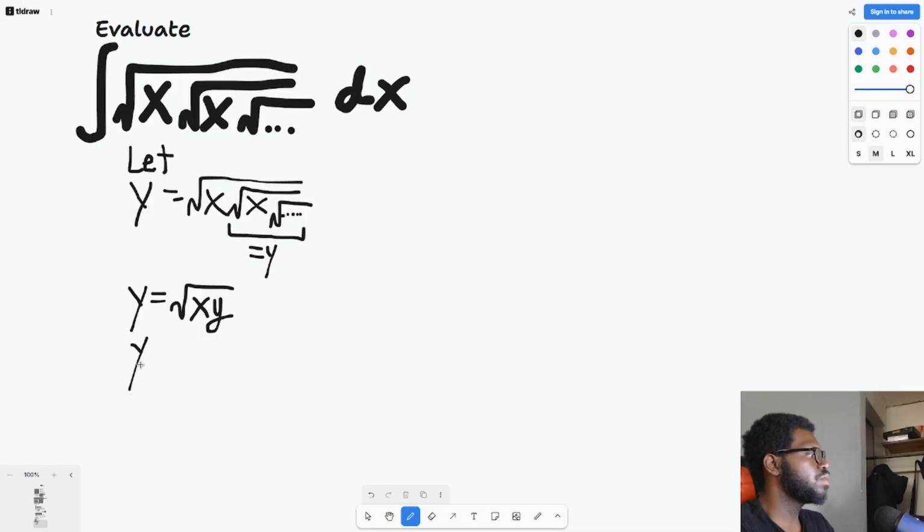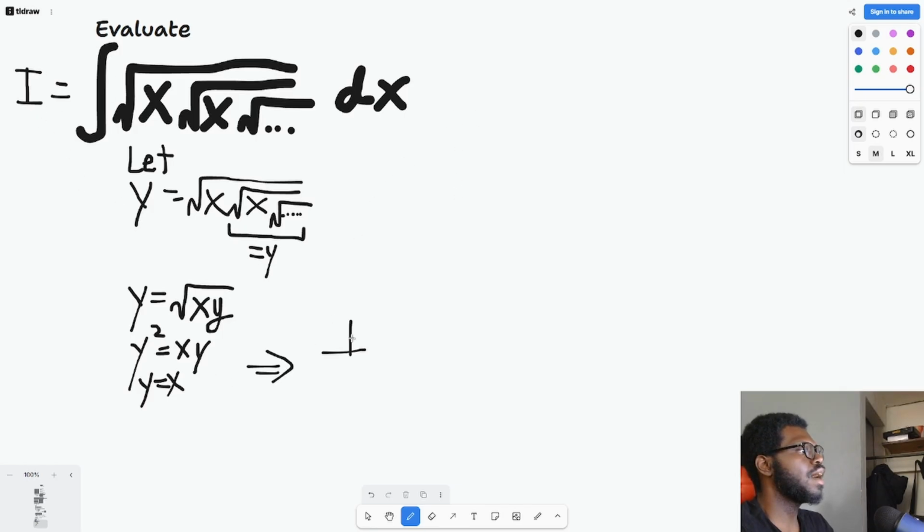We take the square of both sides to get y squared is equal to xy. Then, by dividing both sides by y, we get y is equal to x. If we say that this integral is equal to I, so I don't have to rewrite everything, then I is equal to the integral of x dx, or the antiderivative of x.